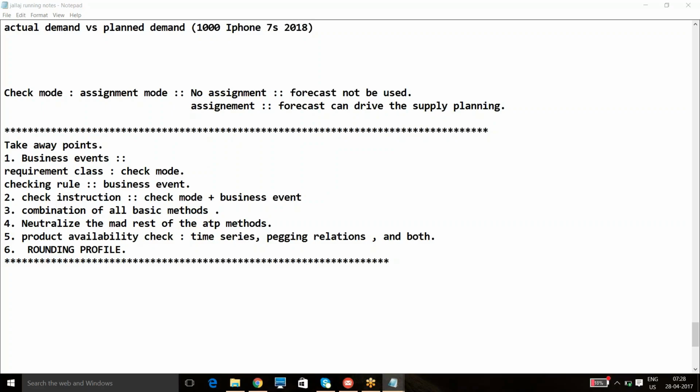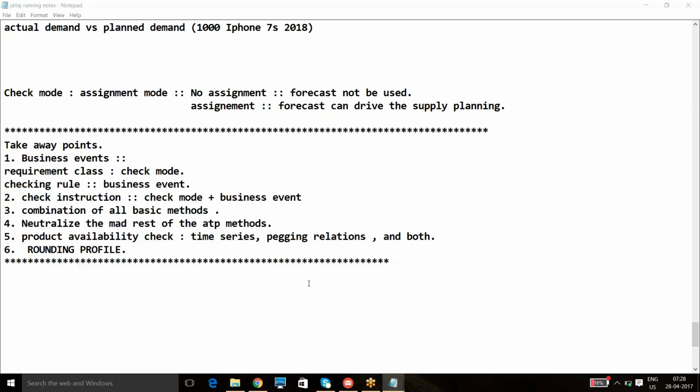Yeah, Arvind. I have a query regarding point number 4, neutralize the MAD, the rest of the ATP methods. If you go into SAP and open the F1 help, the logic you explained to me looks somewhat different there.